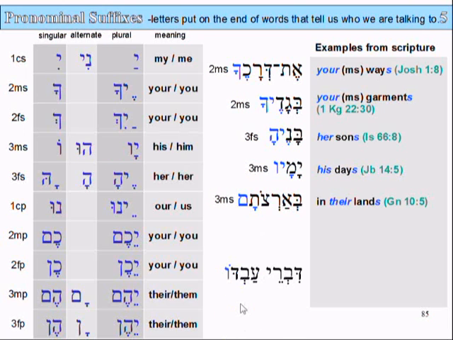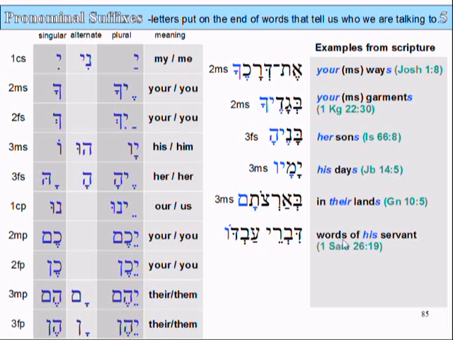Here's another example. Divrei avdo. Divrei is related to the word devar, which means word or thing, and avdo comes from eved, servant, avdo, his servant.